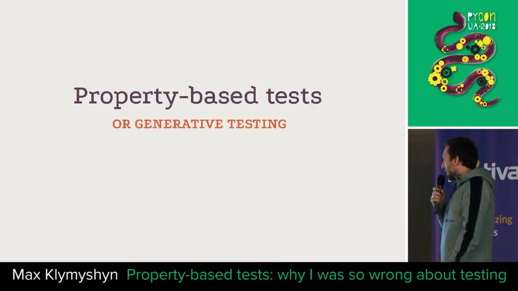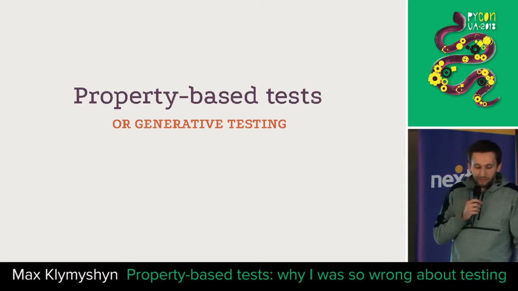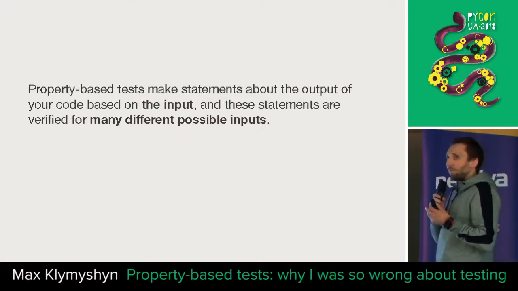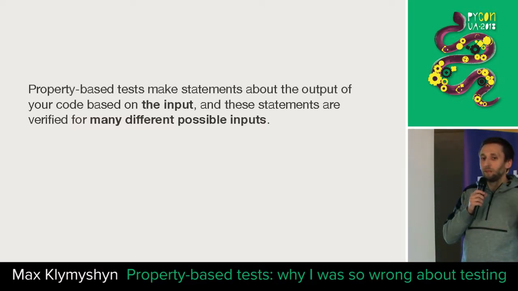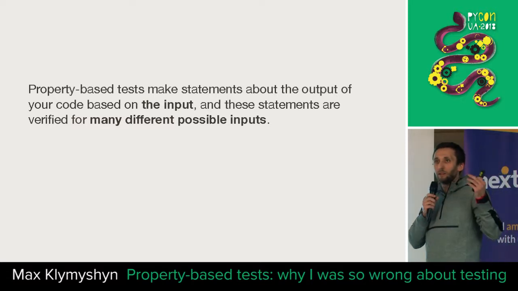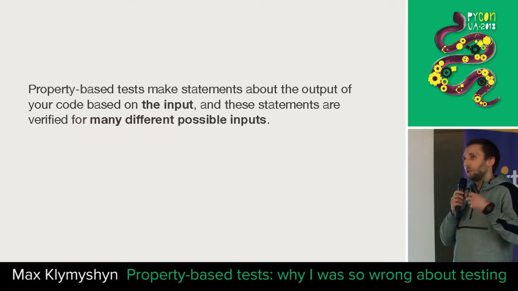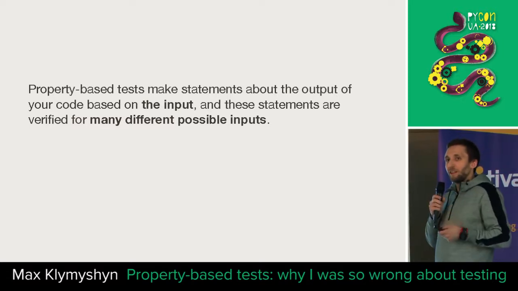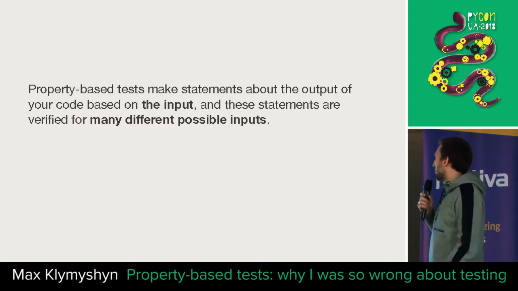So, okay, let's go back to property-based tests, or so-called generative tests. This thing starts with a tool called QuickCheck, which was developed, or for which a paper was written in 1999, for Haskell to simplify testing and to make some kind of better tooling for Haskell.